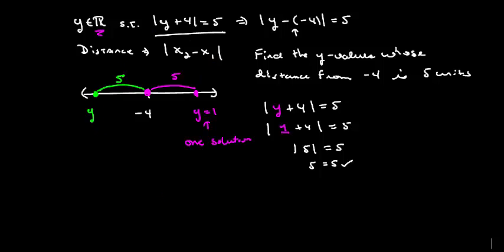Now let's look at this one over here. Well, this one is 5 to the left, and that brings me over here to -9. So let's try that one out. So that would be the green y, plus 4. I want to keep this consistent with my colors.